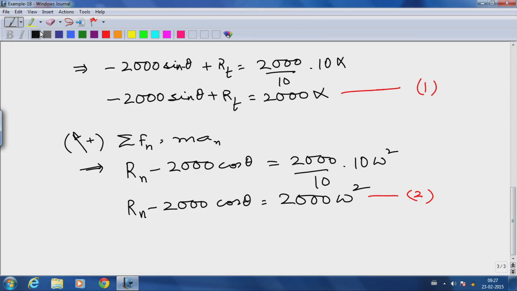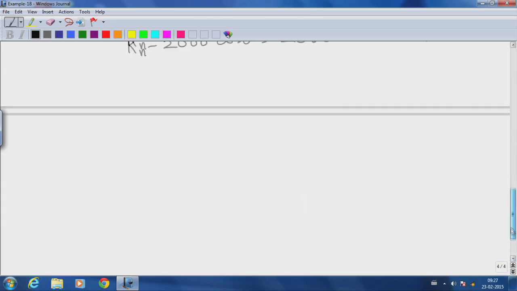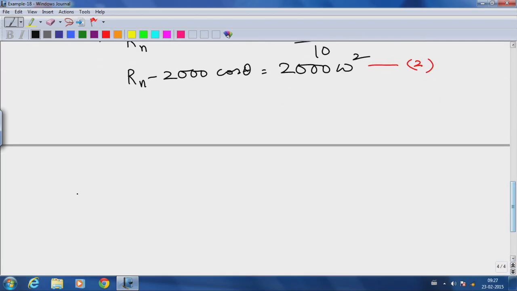The last equation that will complete this calculation comes from the fact that if I take counterclockwise positive, the sum of all moments about the center of mass equals I times alpha.